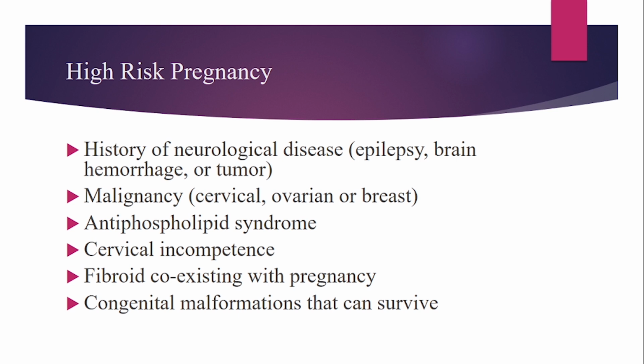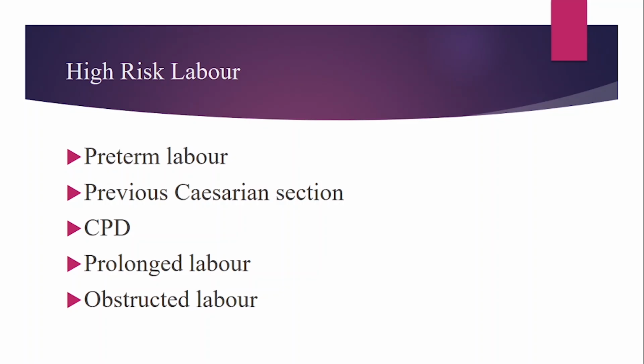Then women with fibroid coexisting with pregnancy, particularly large fibroids, and particularly fibroids located within the lower uterine segment. So these are all women with high-risk pregnancies, and women with a fetus with congenital anomalies. Previous cesarean section too; when these women come, we categorize them as high-risk pregnant women, and they need to be monitored as such.